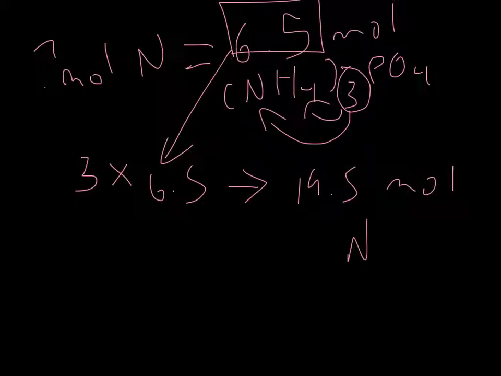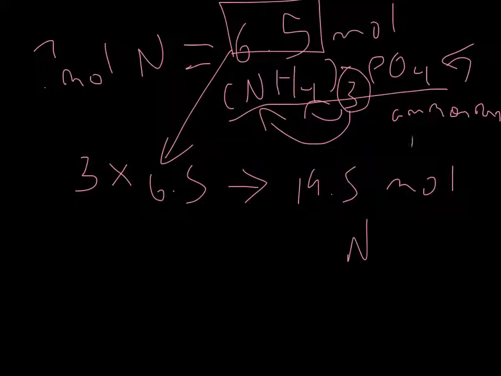So to solve these, if they give you the ammonium phosphate in words, I would write down the chemical formula of the chemical, and then just multiply. It's pretty easy, pretty straightforward.